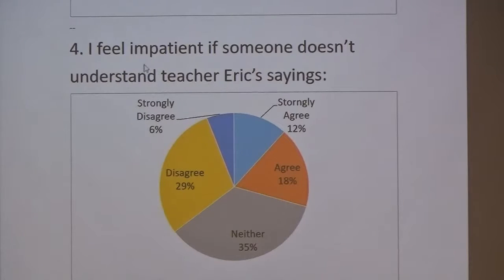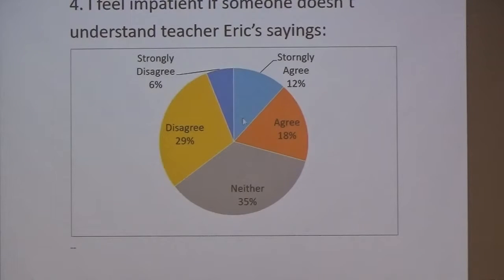Yeah, and you can see some students, about 30%, feel impatient if someone doesn't understand what I say. They will say, oh, even this sentence you cannot understand, how come? Yeah, sometimes they will be mad or impatient with others.